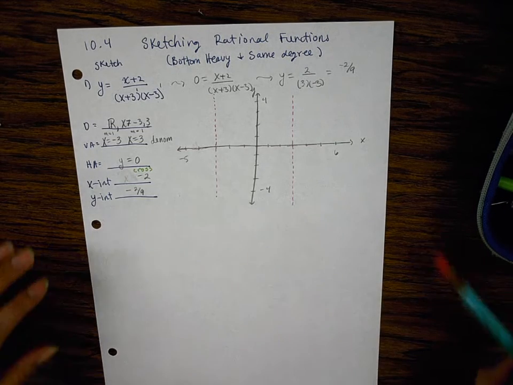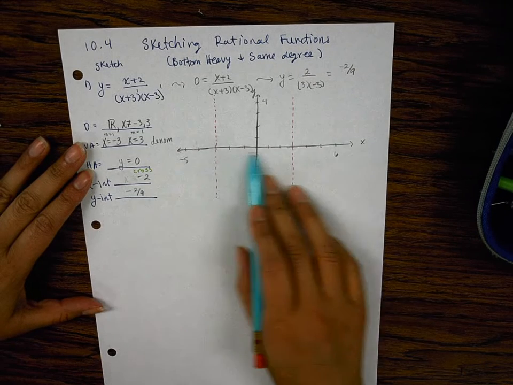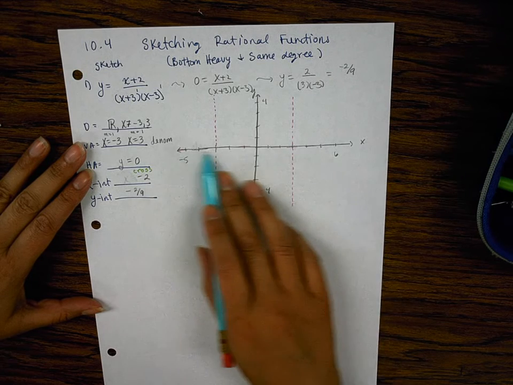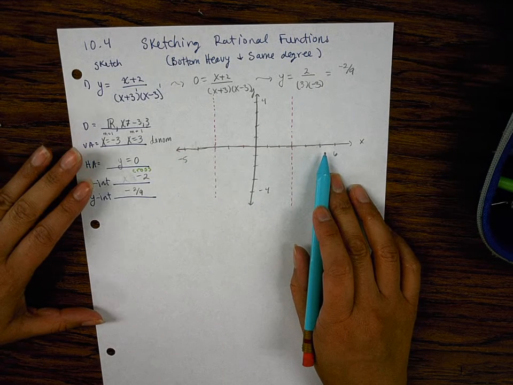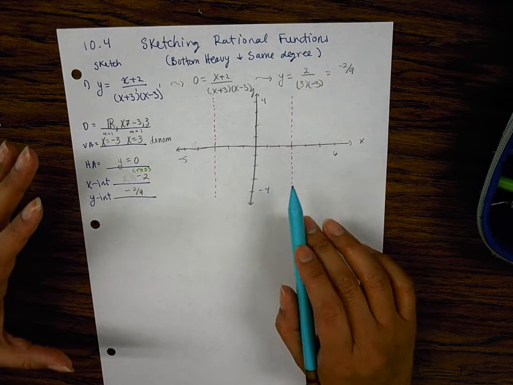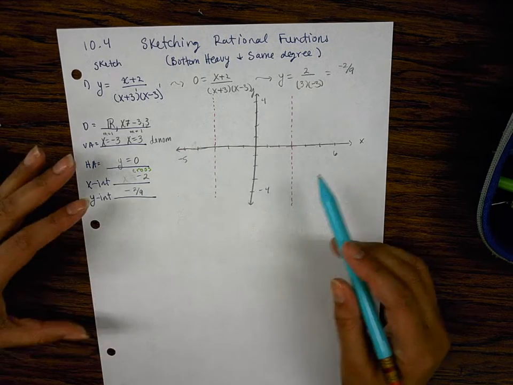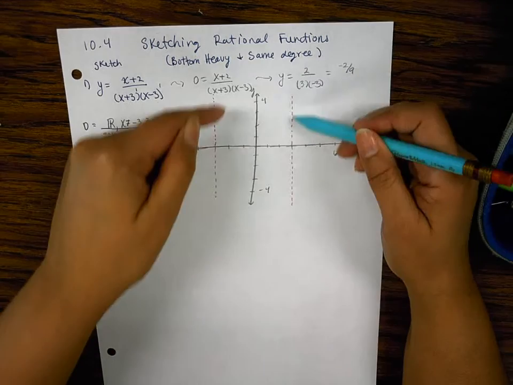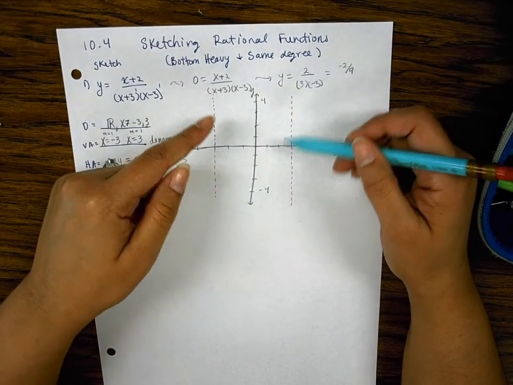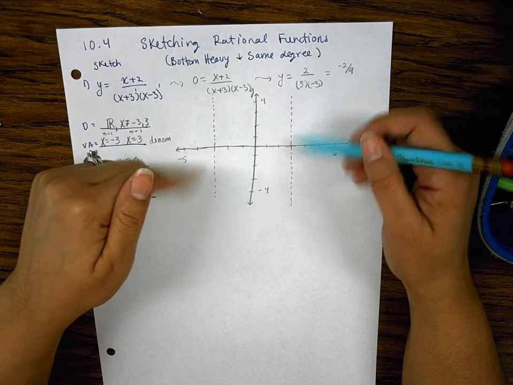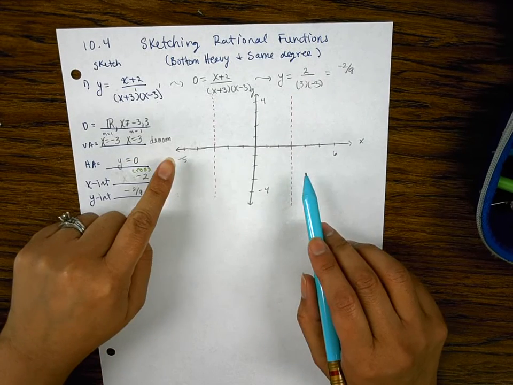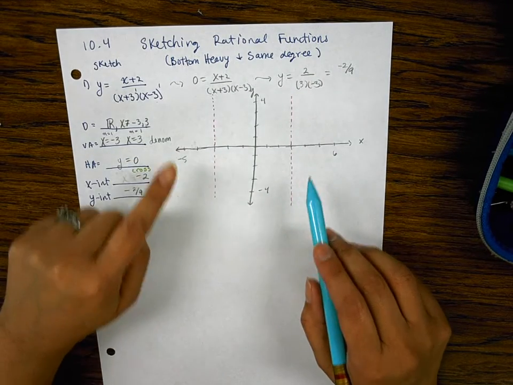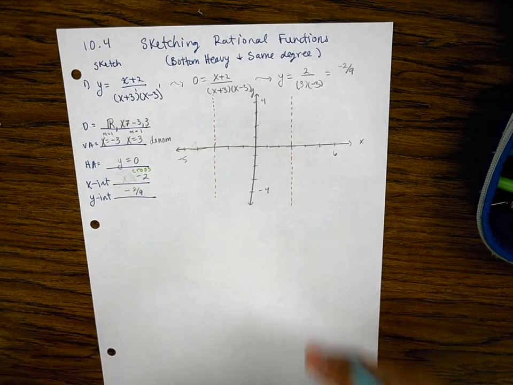The only thing is the horizontal asymptote, you will touch or cross only if needed, if necessary. These here you'll never touch or cross. The vertical ones you're never going to touch or cross, but the horizontal you will only cross if necessary, and I'll show you what I mean in just a little bit.